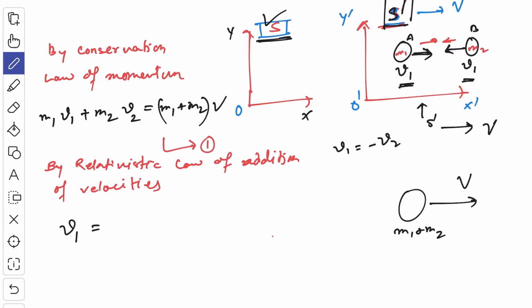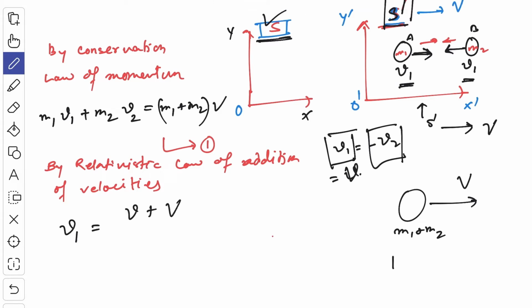That's going to be equal to, if we consider the magnitude of these two velocities, small v1 and small v2, to be small v.